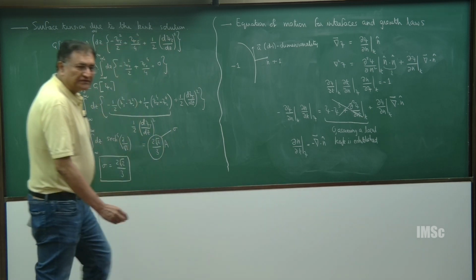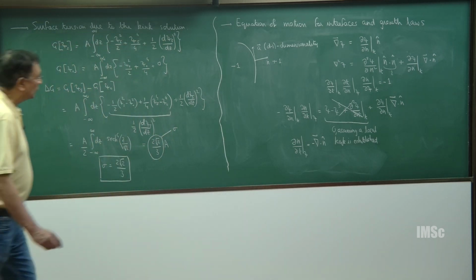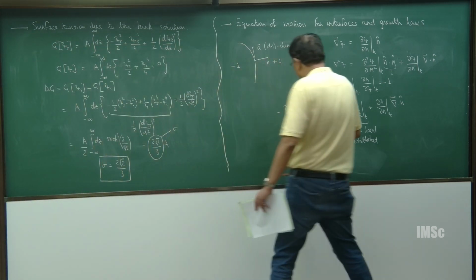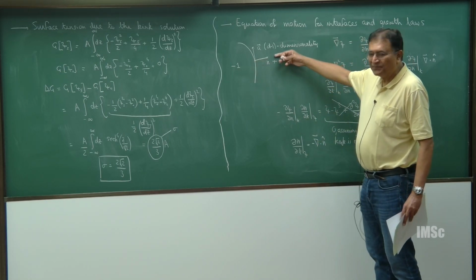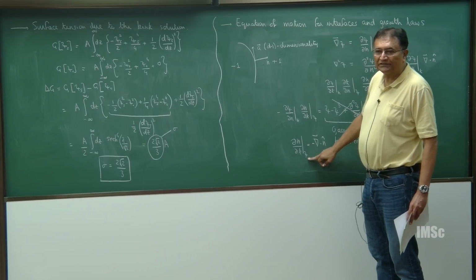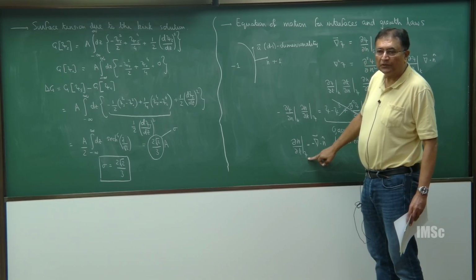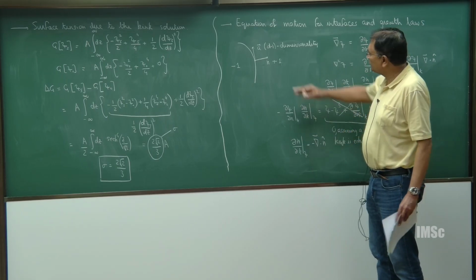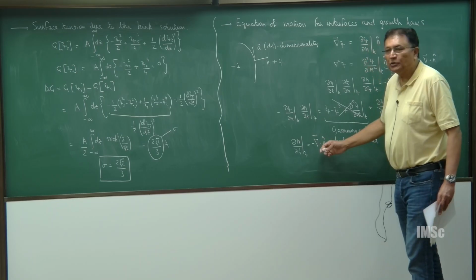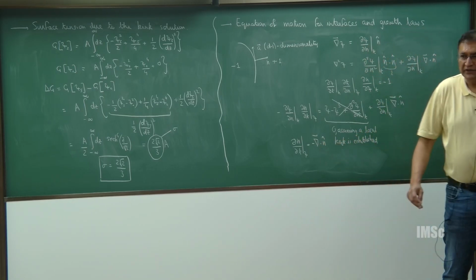What does this equation physically mean? That is an important thing I want to emphasize. At constant psi, if the interface is moving in that direction, that derivative is taken at constant psi. So, that is just the velocity of the interface in the normal direction. And that is how the n hat changes.